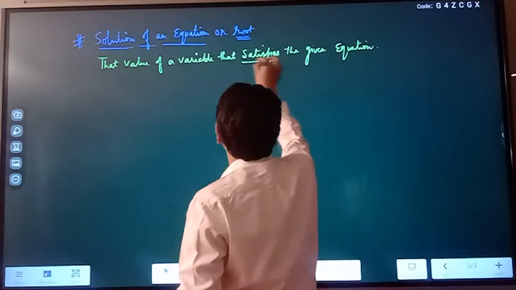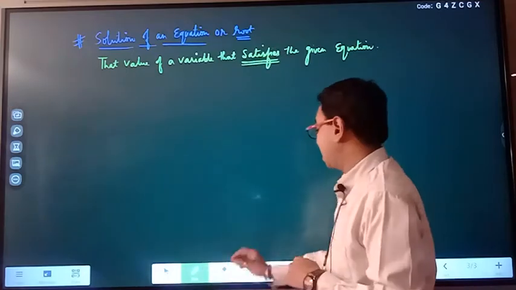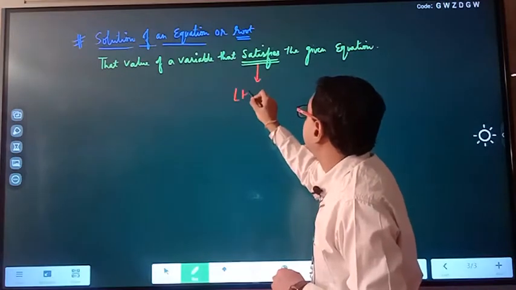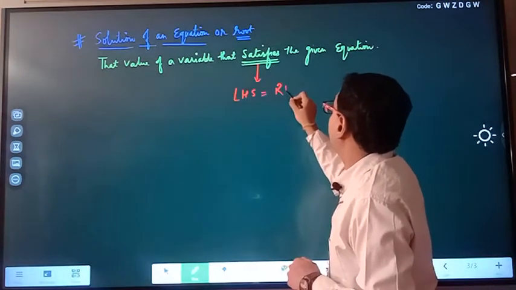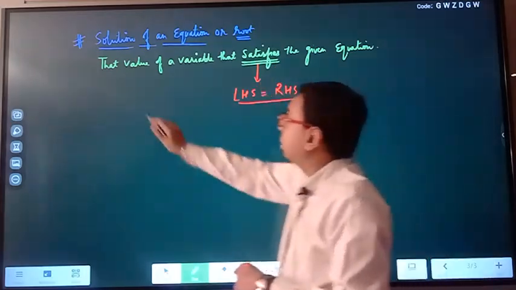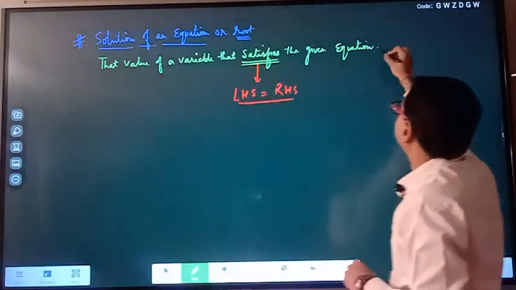Here, very important, satisfy means which makes LHS equal to RHS. That is what satisfying means here. Now understand: the value of a variable that satisfies the given equation.